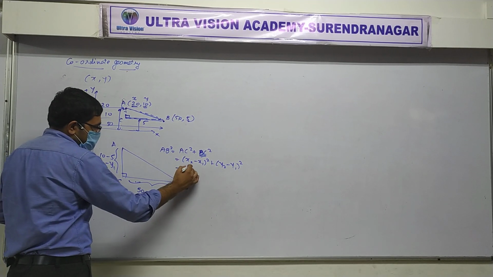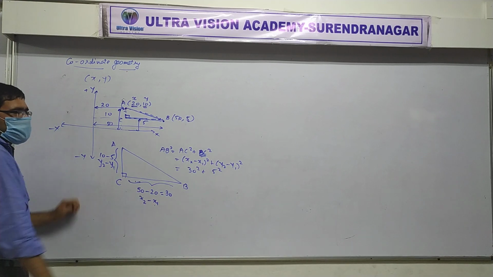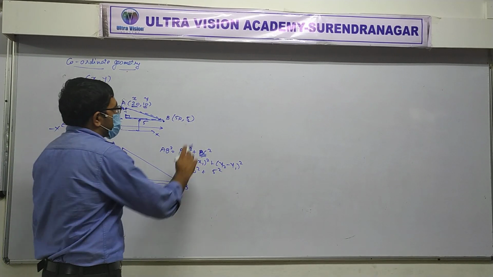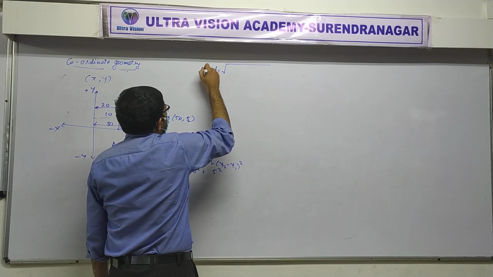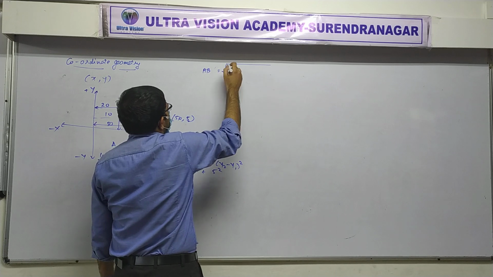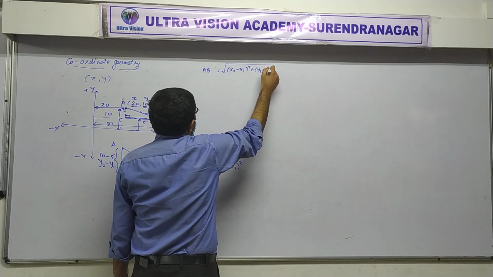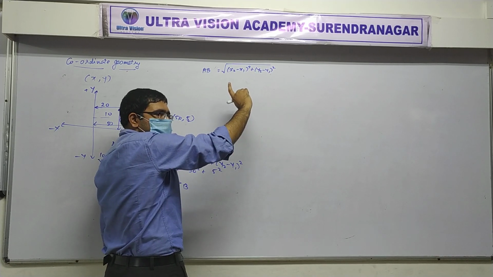Here it's going to be root of 30 squared plus 5 squared. So the distance between any two points A, B is always the square root of x2 minus x1 whole squared plus y2 minus y1 whole squared. Got it?